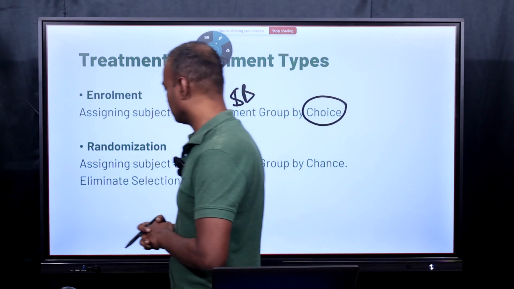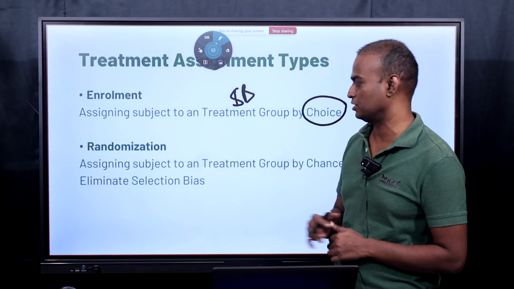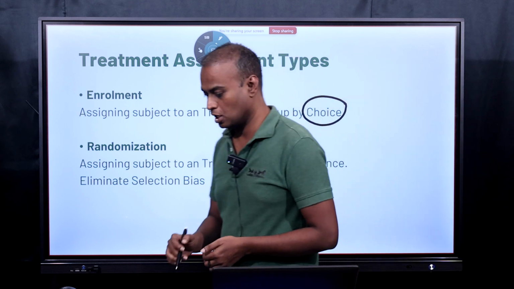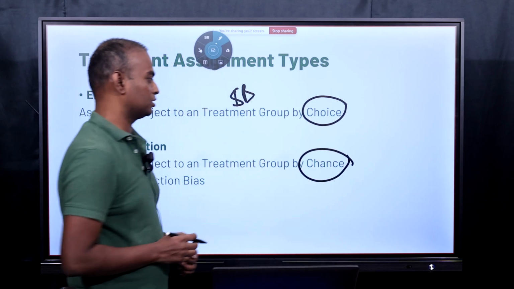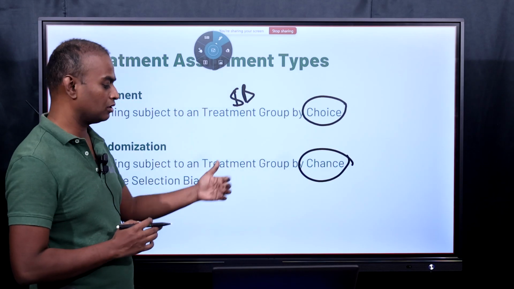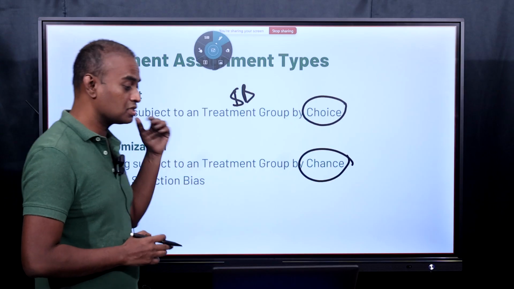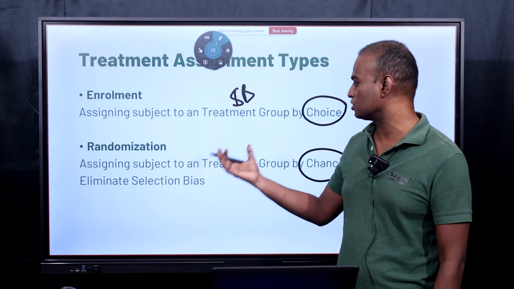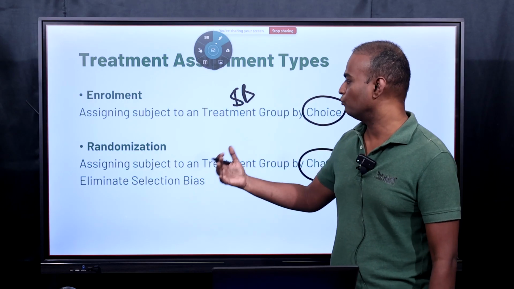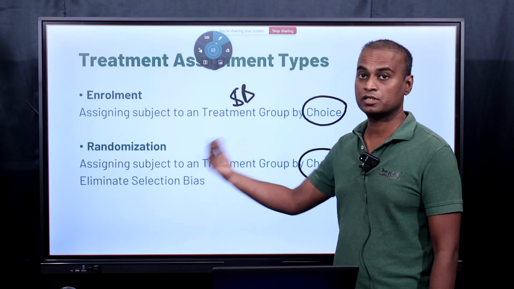To eliminate the selection bias, there is a process known as randomization. How is randomization done? By chance. We remove this choice from the investigator. Then who decides the treatment arm for the subject? The system decides. The IRT system, or interactive response system, decides to which treatment arm we have to push the subject.